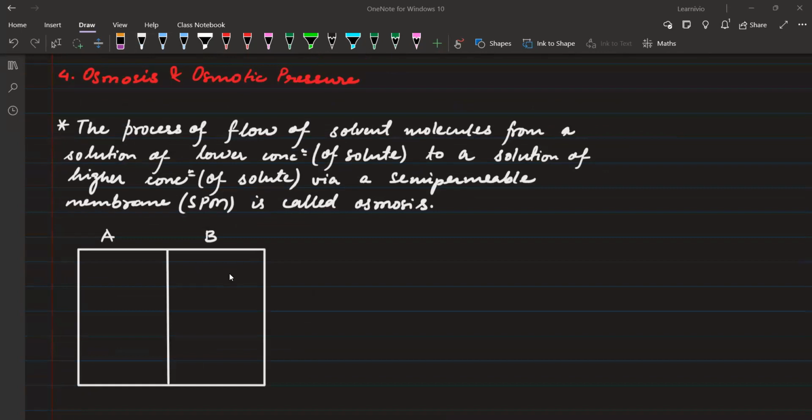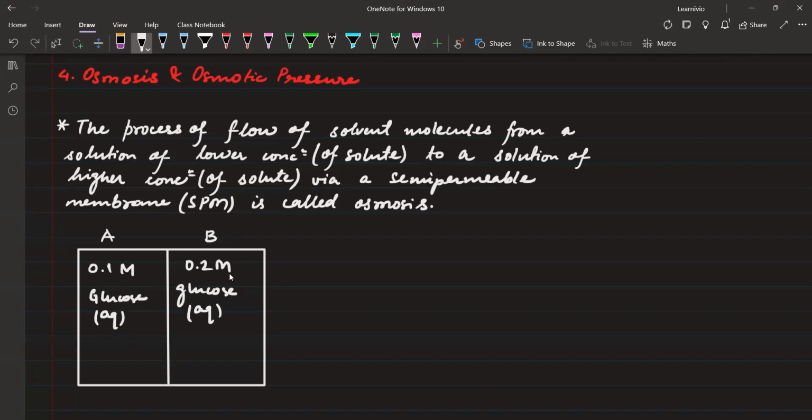In the A compartment, we have 0.1 molar glucose. Let us suppose this is aqueous, right? And here we have 0.2 molar glucose. That is also aqueous.